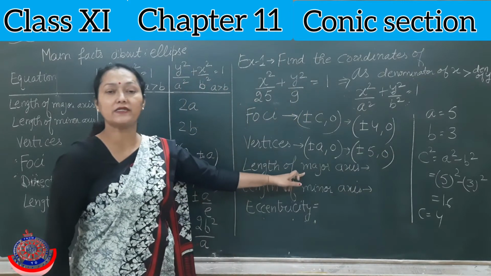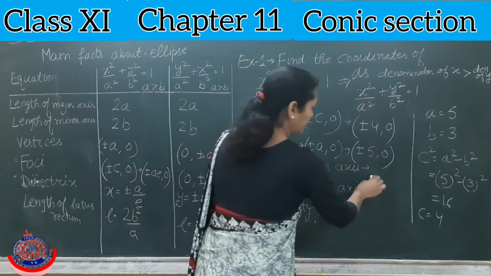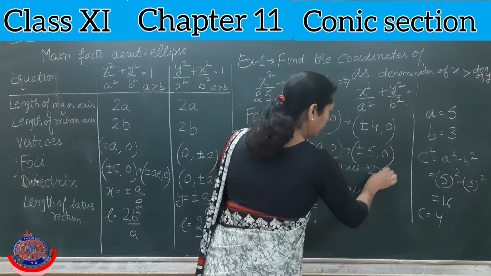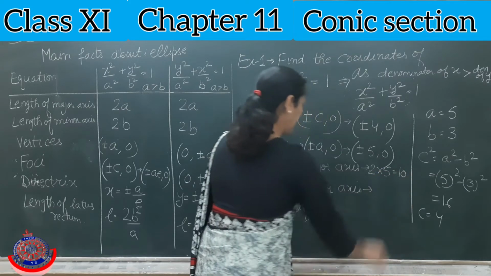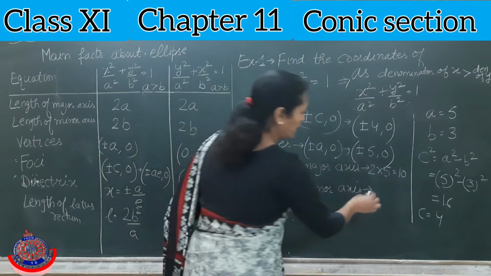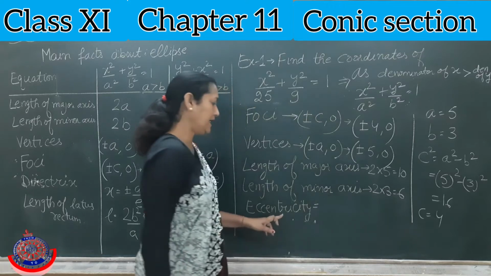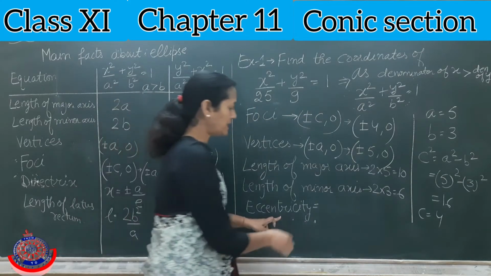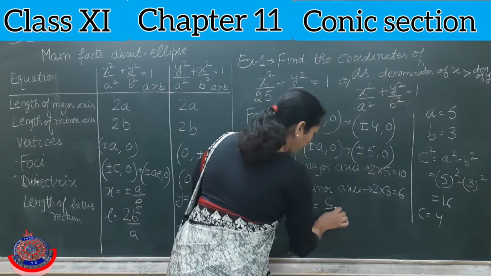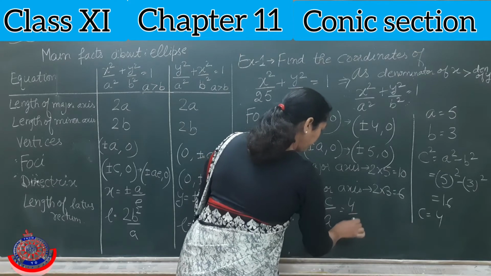Length of major axis 2a. So 2 into 5 will be 10. Length of minor axis is always 2b. 2 into 3, that is 6. Eccentricity is c upon a, that is 4 upon 5.